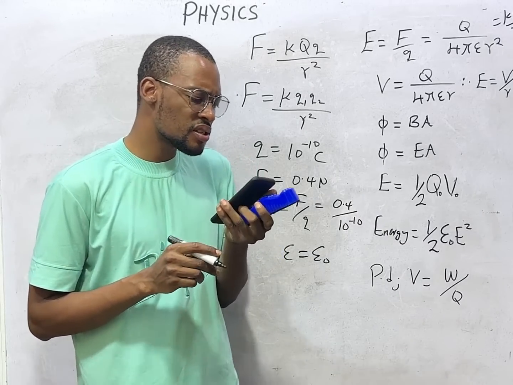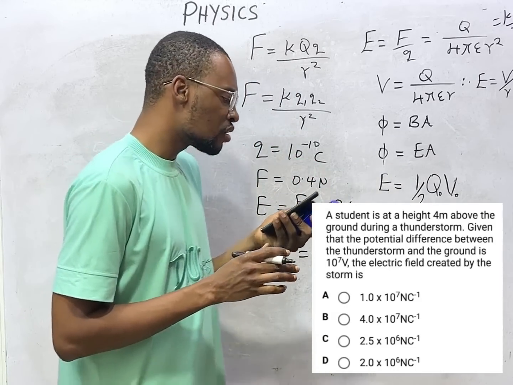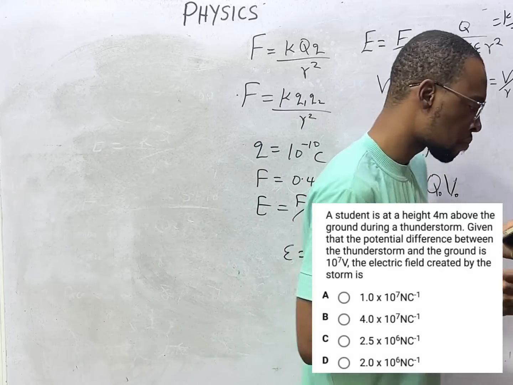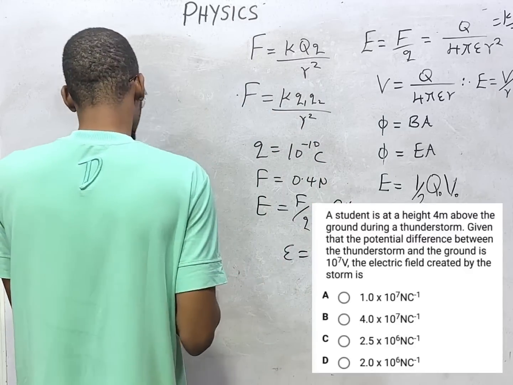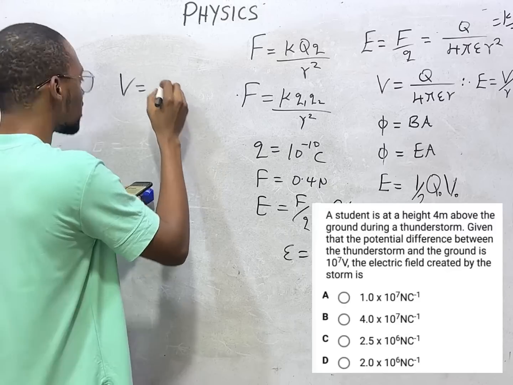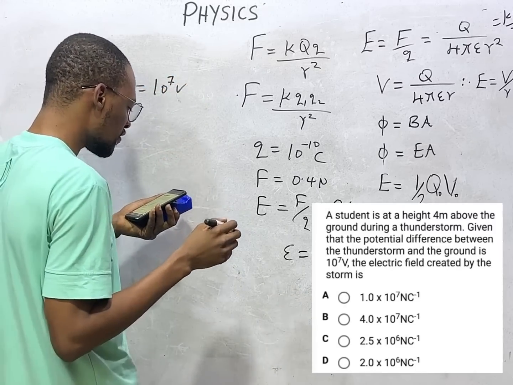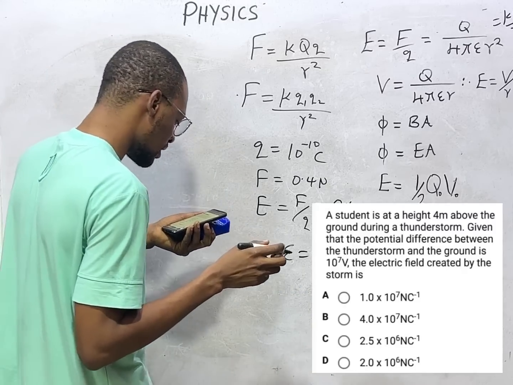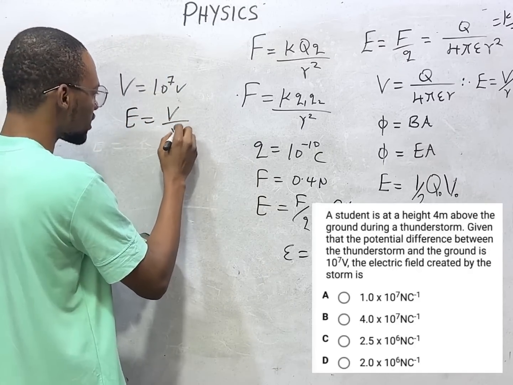A student is at a height 4 meters above the ground during a thunderstorm. Given that the potential difference between the thunderstorm and the ground, that is V, is equals 10 to the power of 7 V. The electric field created by the storm is dash. Electric field is electric potential over distance.